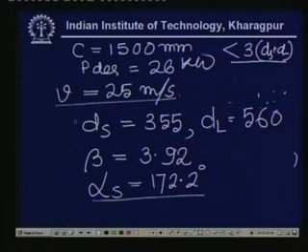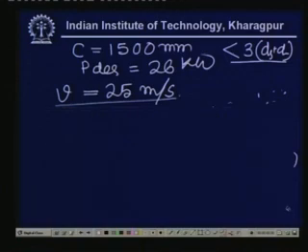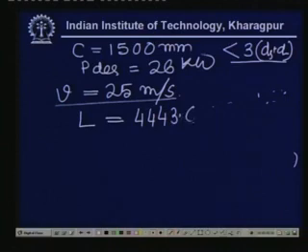So with these values of center distance and beta, alpha, all etc., you find that the value of L computed as 443.6 mm.